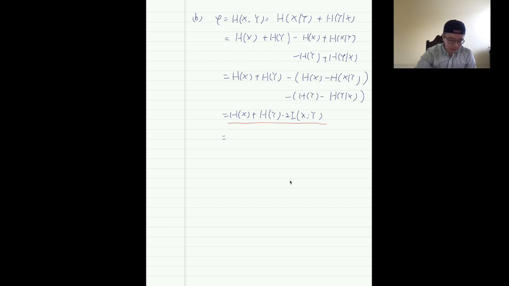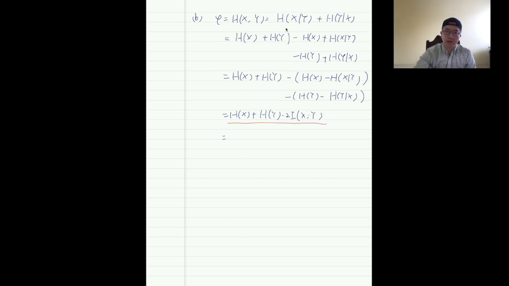Let's write this down. We have two ways to see that. One is from the Venn diagram, and the other way is that we can also start from here and see why that is true.